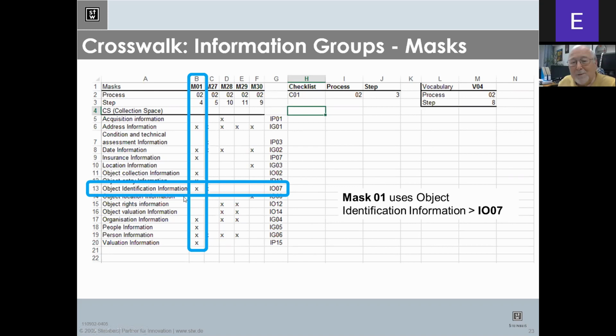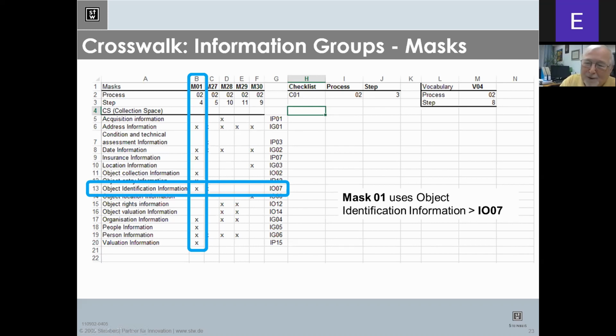There's no problem. We also have some other information, like is this thesaurus controlled, is there a vocabulary behind it or something else. Then we have checklists, for example, and other things. So mask 1 uses object identification, that is the object group, and this is identified by this number.